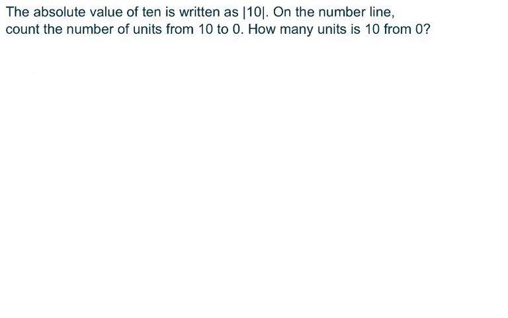The absolute value of 10 is written as vertical line, 10, vertical line. On the number line, count the number of units from 10 to 0. How many units is 10 from 0?